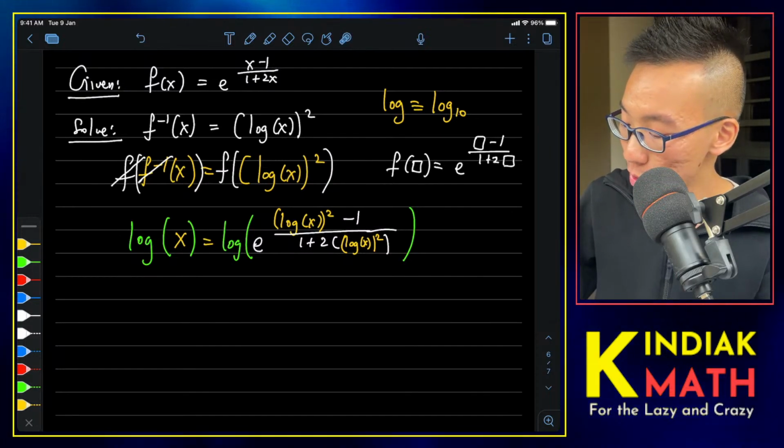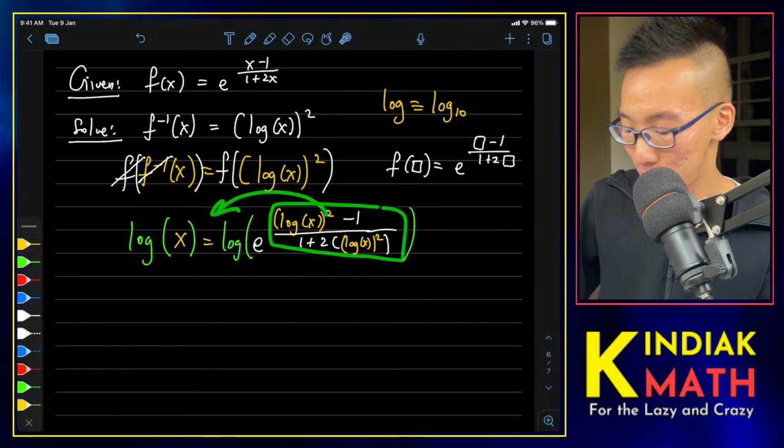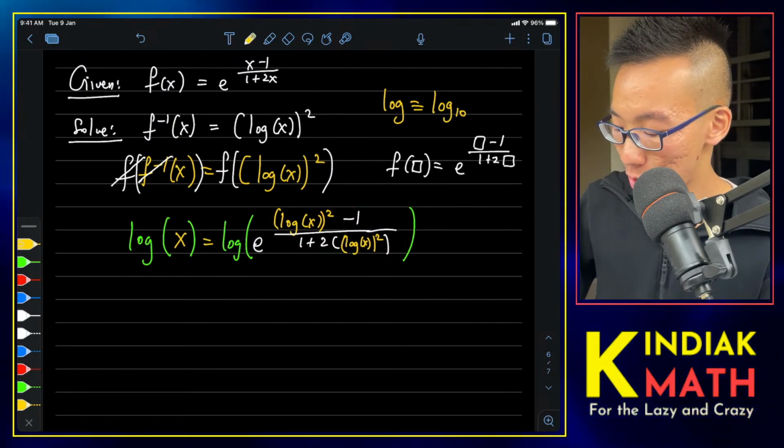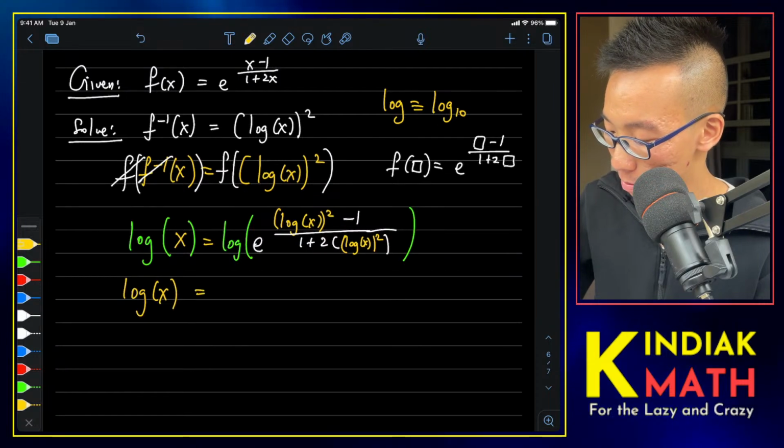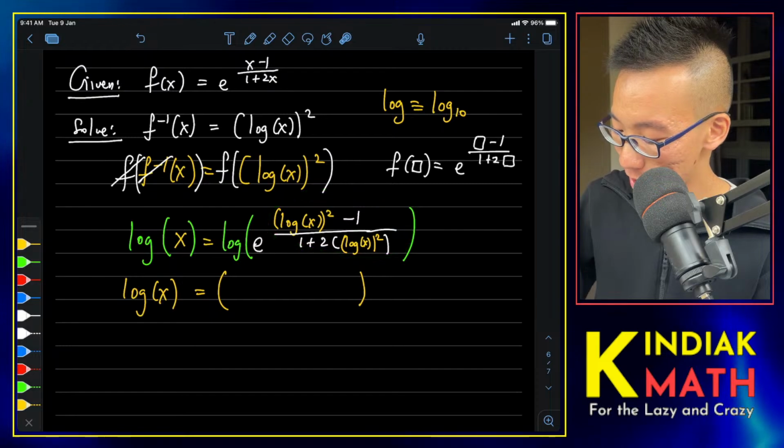Now, why is that going to be useful? Well, because logarithms pull out powers. And so we can pull out this huge power. All of this can be pulled out.